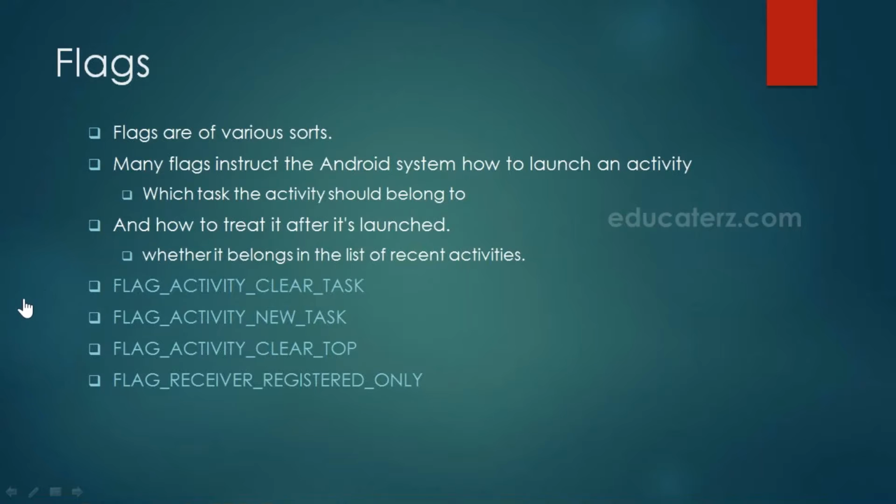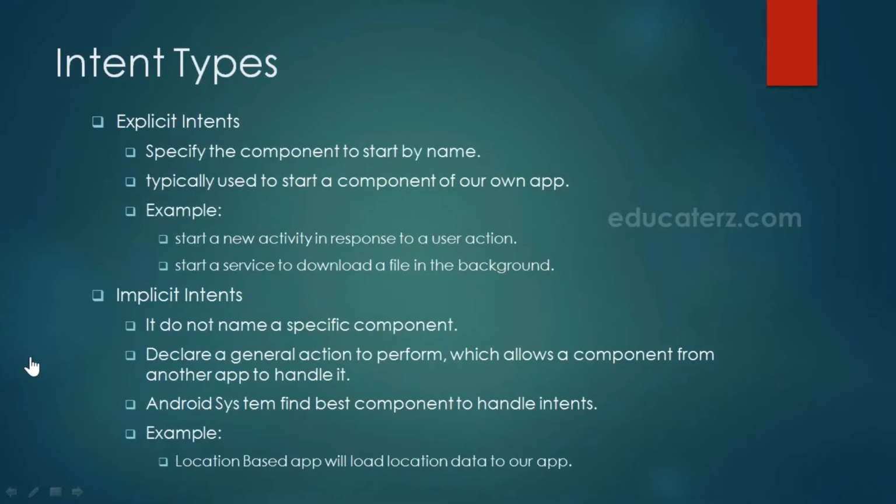Now let us see the different types of intent. We have two types of intents available in Android: explicit intents and implicit intents. I'm just briefing what is explicit and what is implicit. Explicit intents specify the component to start by name and are typically used for internal application communication, to start a component of your own application.